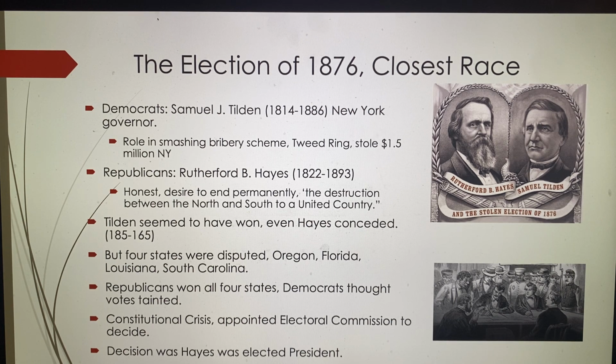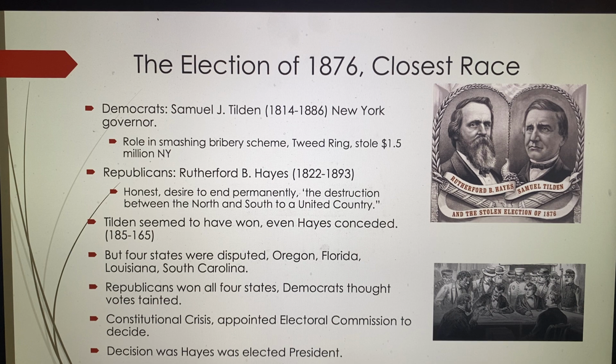But there were 4 states that were disputed very closely: Oregon, Florida, Louisiana, and South Carolina. They had to be counted again, and the Republicans ended up winning all 4 of those states. Then the Democrats thought that the votes were tainted, but they weren't sure, so there was a constitutional crisis.